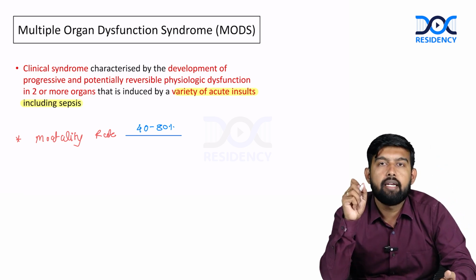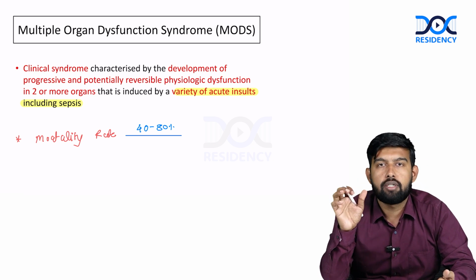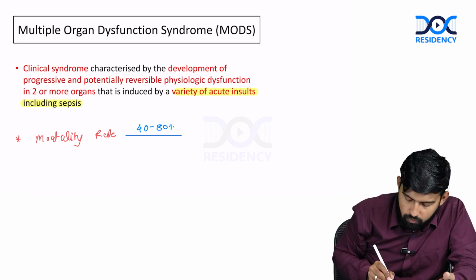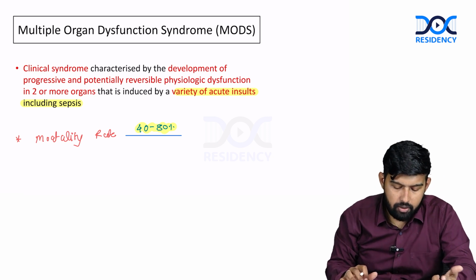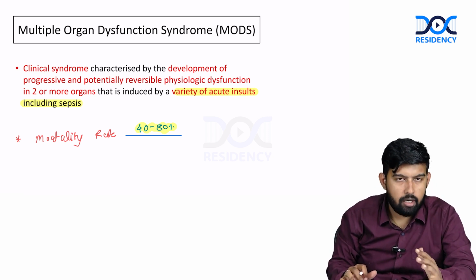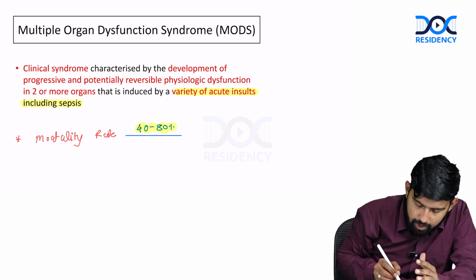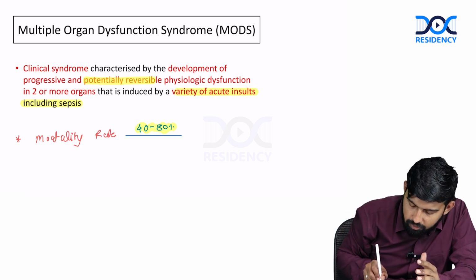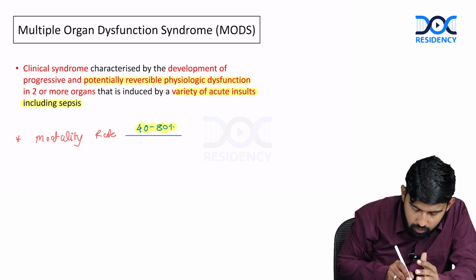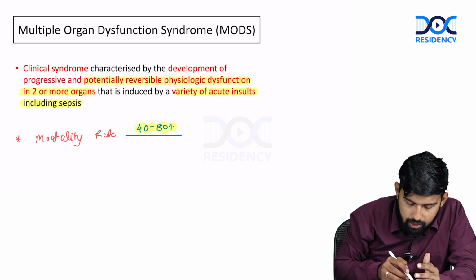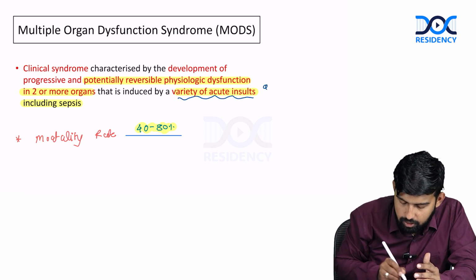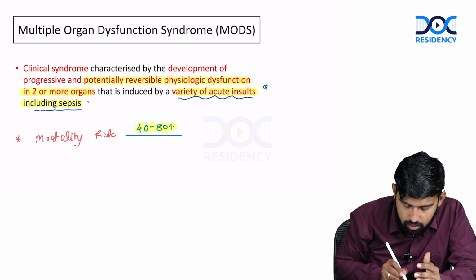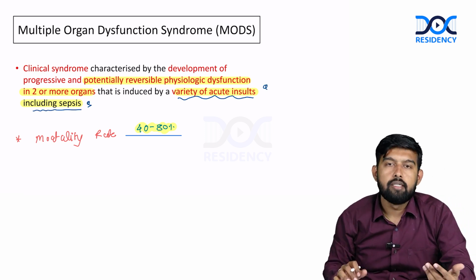And the mortality during multiple organ dysfunction syndrome is up to 40 to 80%. So multiple organ dysfunction syndrome is characterized by the development of progressive and potentially reversible physiological dysfunction in two or more organs, induced by a variety of acute insults including sepsis, or it may land up in septic shock.